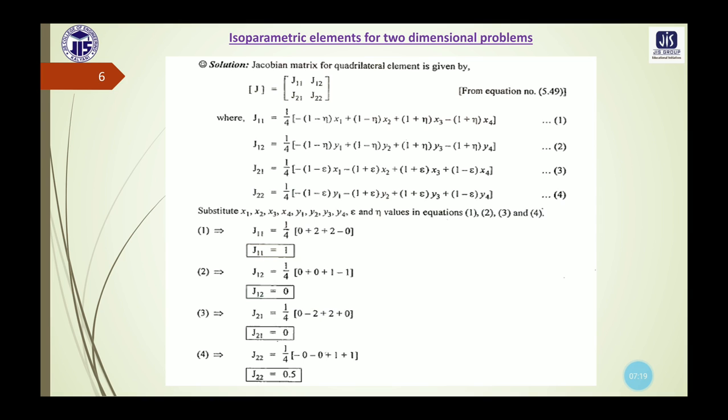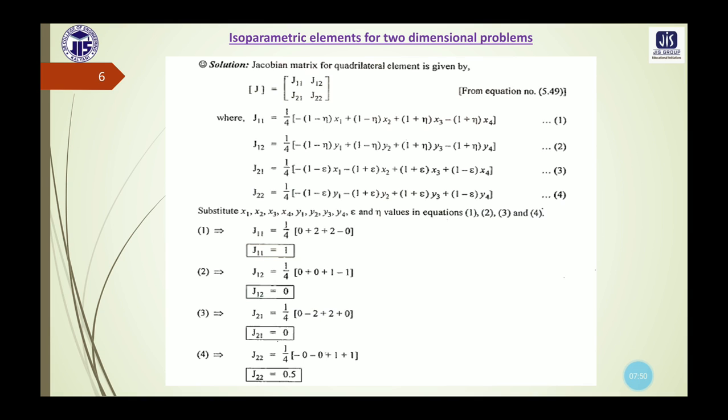Next, to find the value of J21, we will use the formula given here as equation number 3. Now in this equation we need to put the value of epsilon and x1, x2, x3, x4, that means the x coordinates of the four different nodes of this quadrilateral element, which are given in this numerical.